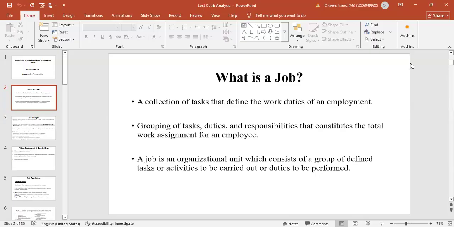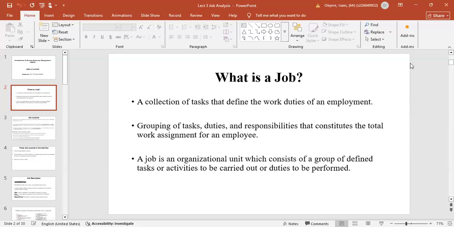Everyone goes to the job market. Everyone has an occupation that he does, and you have your job responsibilities, those things that you go there and do, and then they also have what they demand from you. With this, they studied it through job analysis.